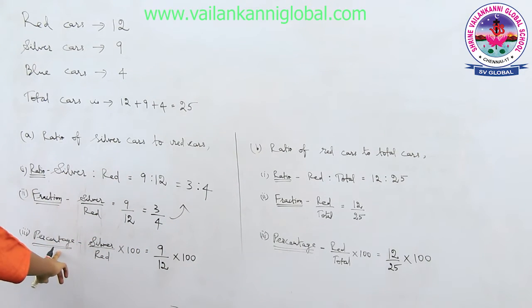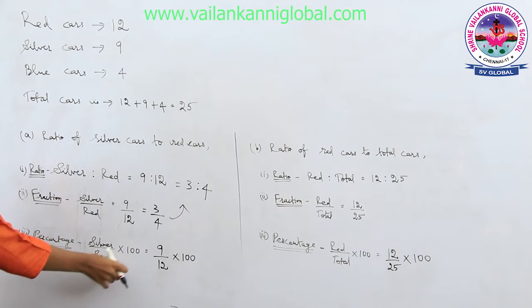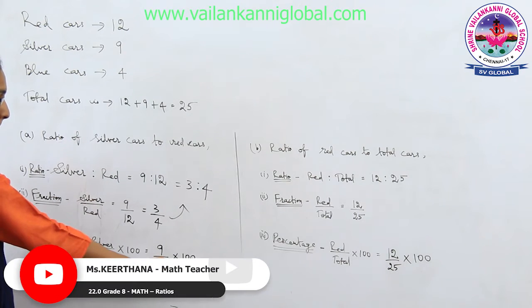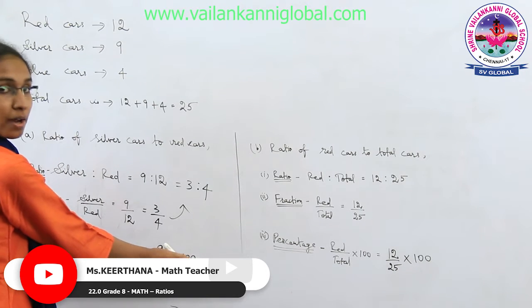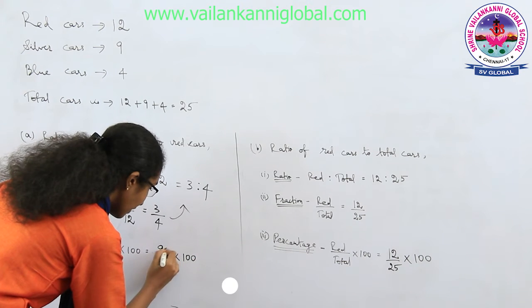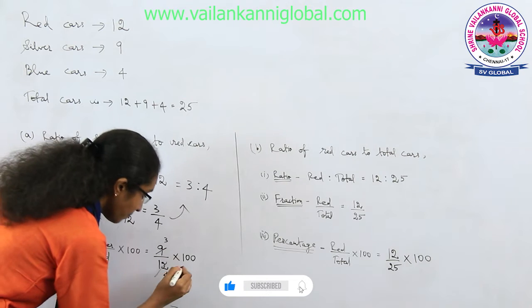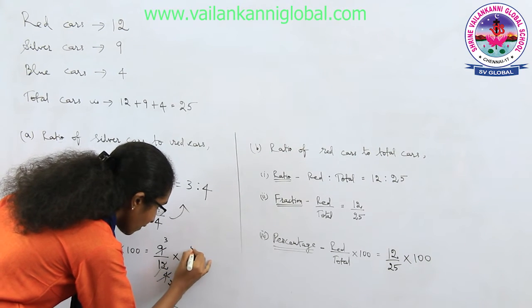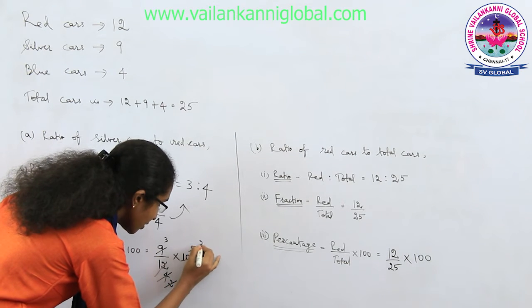The next is percentage. Since we have to find out the percentage, we multiply it with 100. Silver divided by red is multiplied with 100. That is 9 divided by 12 multiplied with 100, which can be simplified further by cancelling. 12 and 9 with 3 times of 9 and 4 times of 12, and 2 times of 4 and 50 times of 100, 1 time of 2 and 25 times.